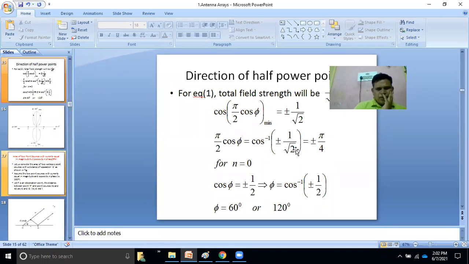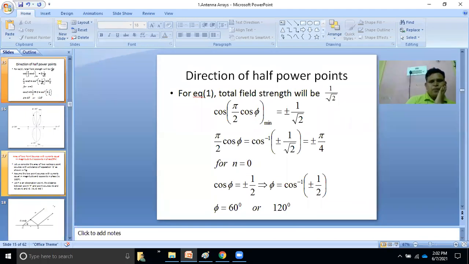Now this pi and this pi will get cancelled. This is half. When cos pi is plus or minus half, that is for 60 degrees and 120 degrees. This is clear, right? Dear students, for half power points you are getting the angle pi equal to 60 degrees and 120 degrees.